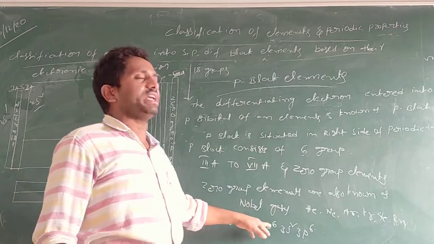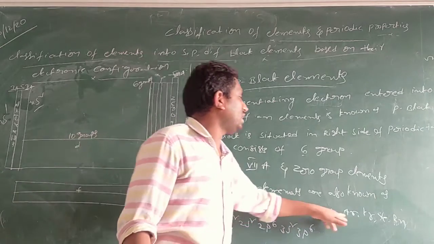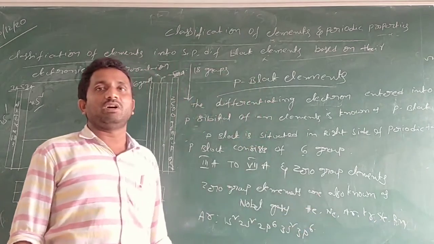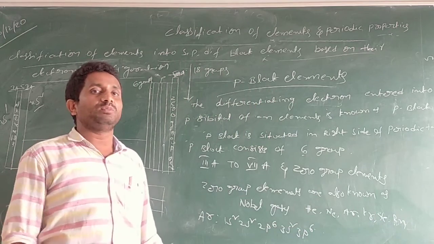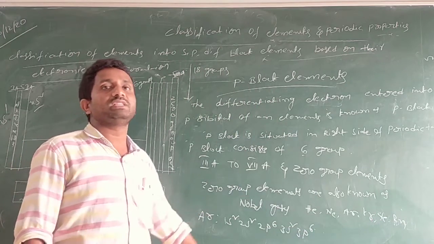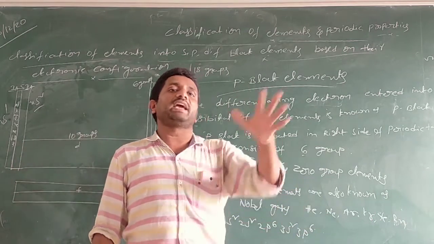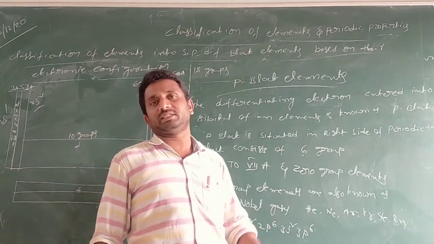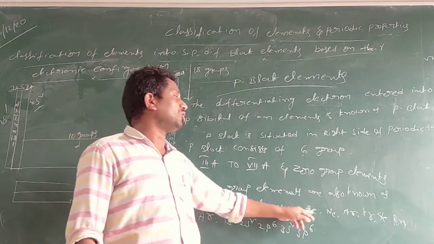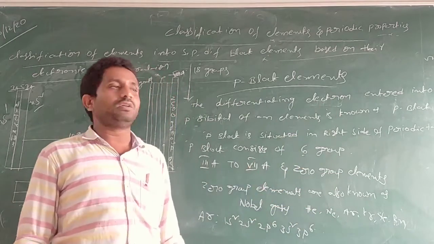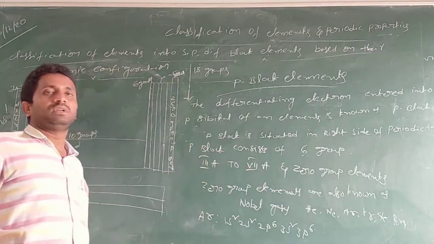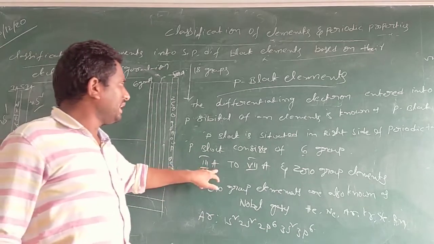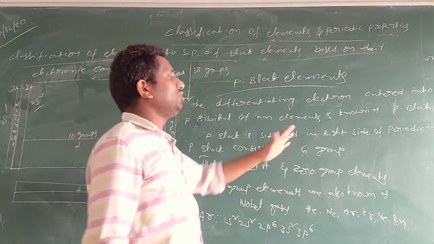This type of configuration is the same for all elements in the 8A group or 0 group. So these are known as noble gases. These are in gas state. These are monoatomic elements. So this block consists of 6 groups, 3A to 7A and 0 group elements.